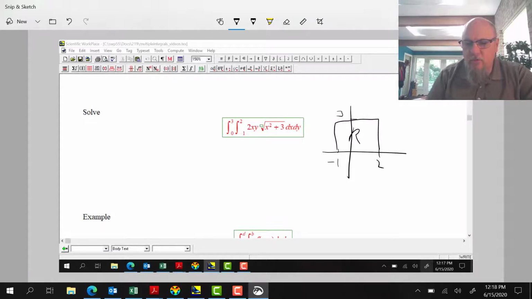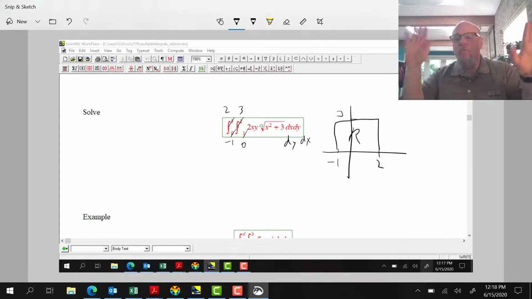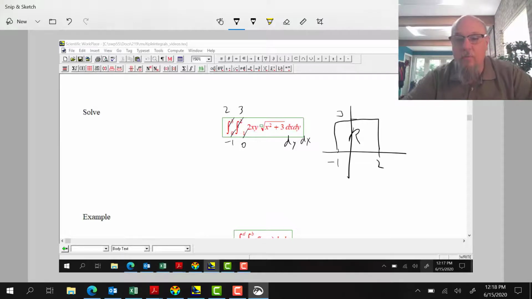If I switch this to be a dy dx, then y is going to go from 0 to 3, and x is going to go from -1 to 2. Now, it looks like when you switch dx and dy that you can just switch the integral endpoints. Yeah, that works with rectangular regions.